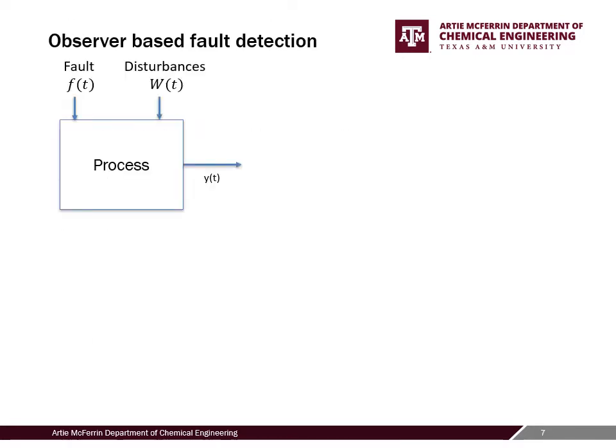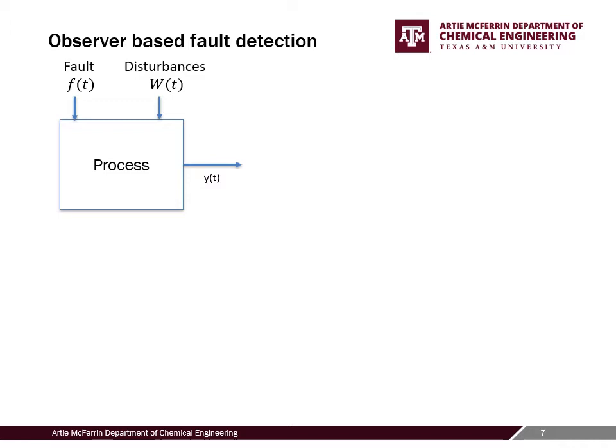In this study, the focus will be on observer-based fault detection. So consider a process that has its own share of faults and disturbances. This process also has an output Y that basically represents the measurements. So using this Y, we need to make conclusions on whether the process is faulty or not.